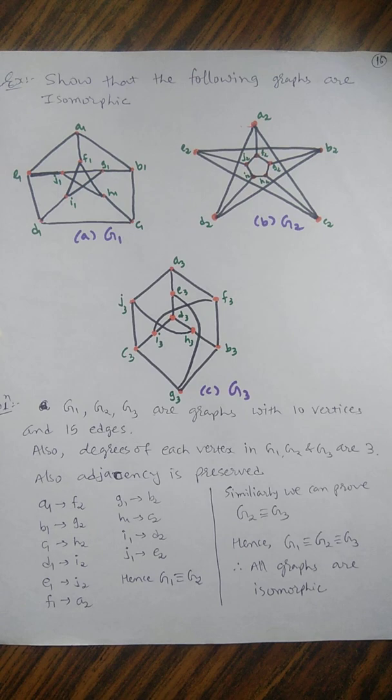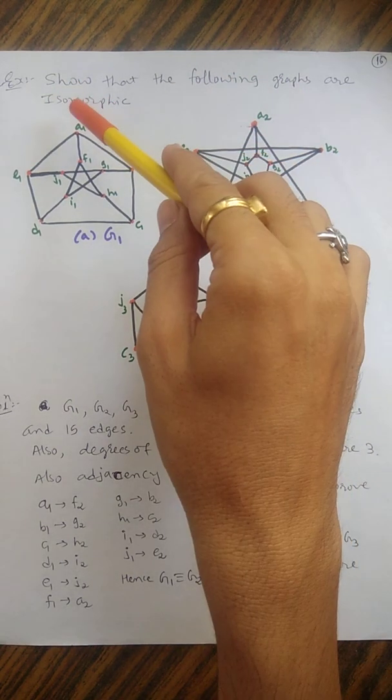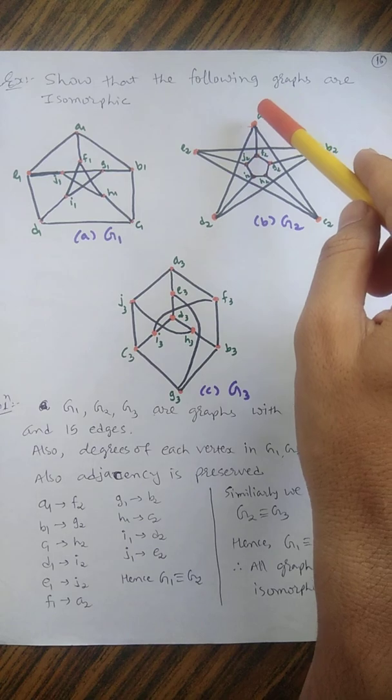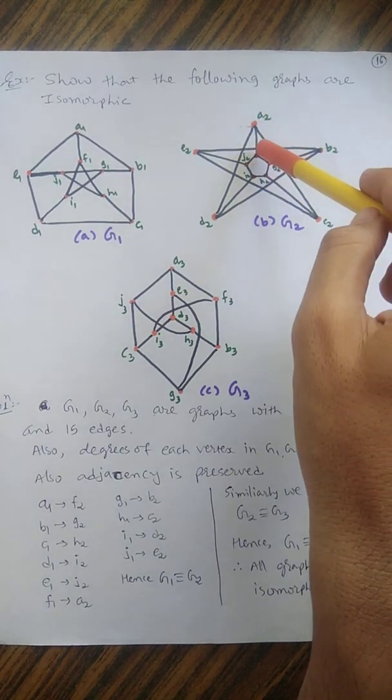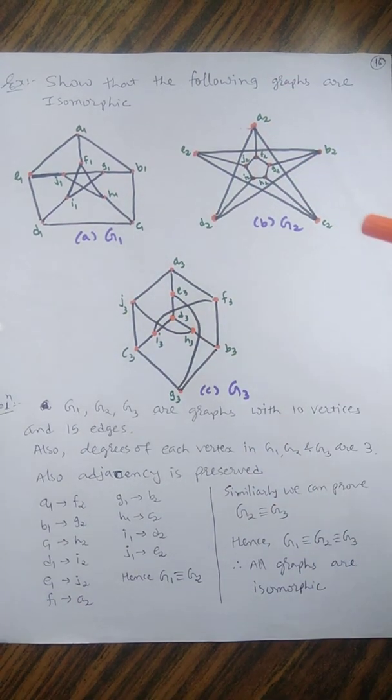So first two conditions are already satisfied. Now we have to just show that adjacency is preserved or not. So if we are comparing graph G1 and G2, you can see that A1 is similar to F2.